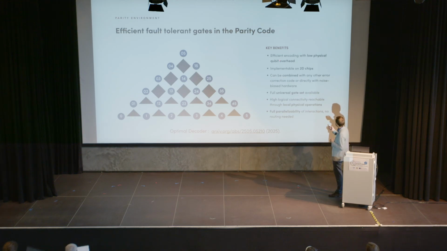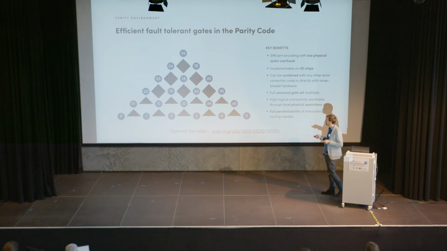What we've also shown is that this can be implemented in 2D, and can be combined with any other one. It's fully universal, so as we've seen before, this is a fully universal code. The connectivity is independent of the hardware connectivity, so this is the big plus, that I have only local interactions, but I can act on arbitrary long-range interactions in the logical picture, and I can fully parallelize this. And very recently, I would also like to mention that we have shown that one can optimally decode this problem, and the decoder is presented in this paper here.